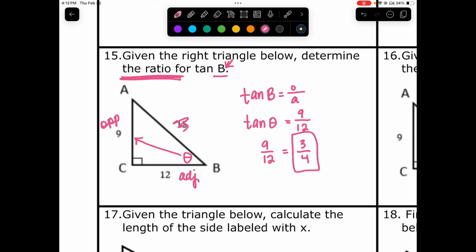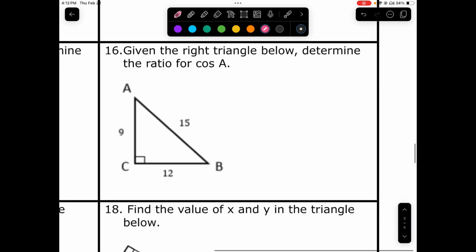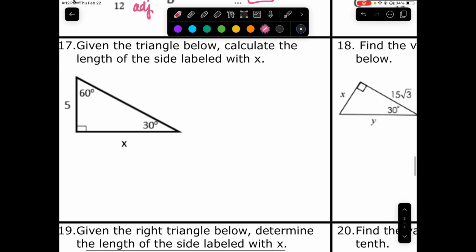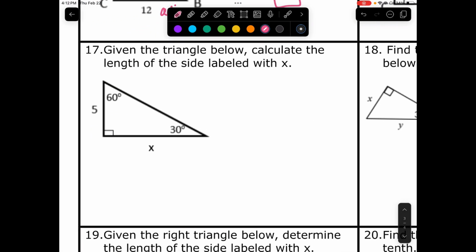Number 17, given the triangle below, calculate the length of the side labeled with X. So this is a 30, 60, 90 triangle. So we're going to use the 30, 60, 90 rules.